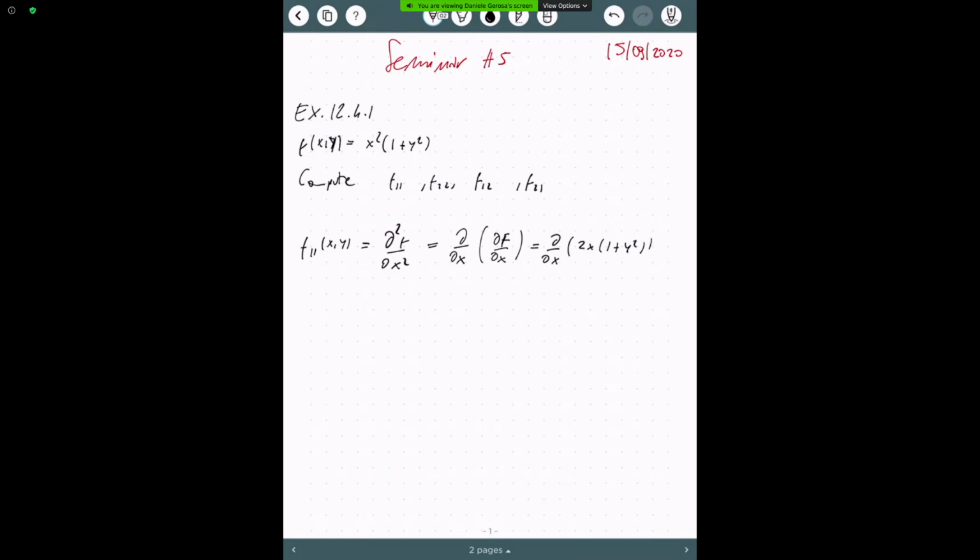As usual, we keep the other variable constant, but then we differentiate one more time with respect to x, and we get 2 times 1 plus y squared. And similarly, we do for the second argument.